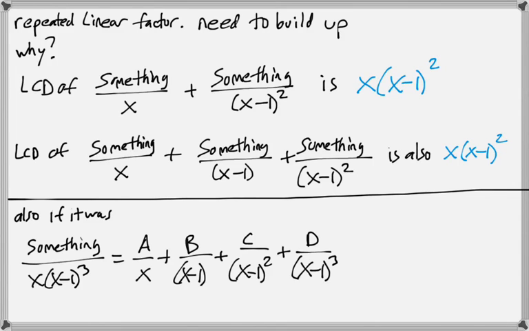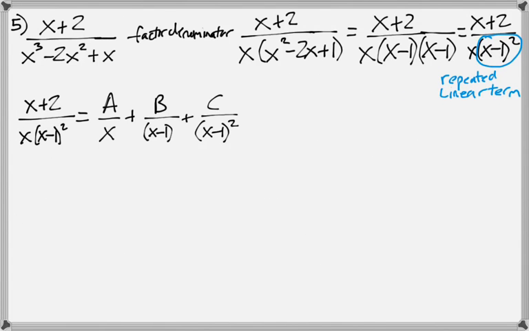However, if you had something over x plus something over x minus 1 plus something over x minus 1 squared, the LCD would also be x times x minus 1 squared. So because we need to account for this potentially being there, that's why you have to have this term, and that's why you have to build up into it.